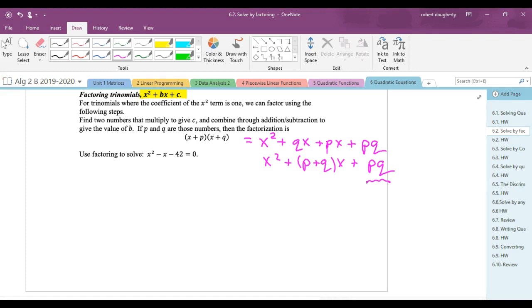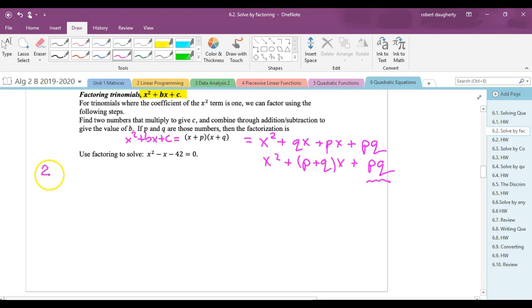If x squared plus bx plus c can be factored as (x plus p)(x plus q), when I multiply p and q, I better get c. When I add p and q, I better get b. So when you see a trinomial like this, I'm looking for 2 numbers that multiply to give me c and add to give me b.